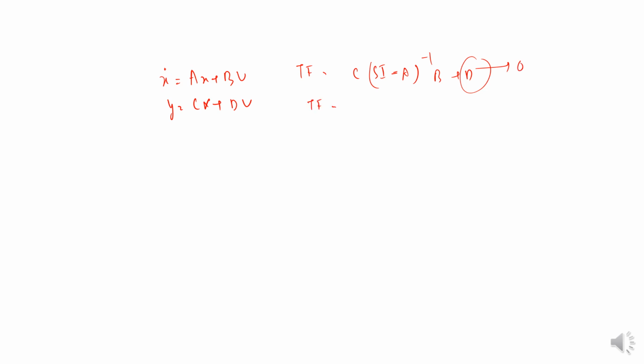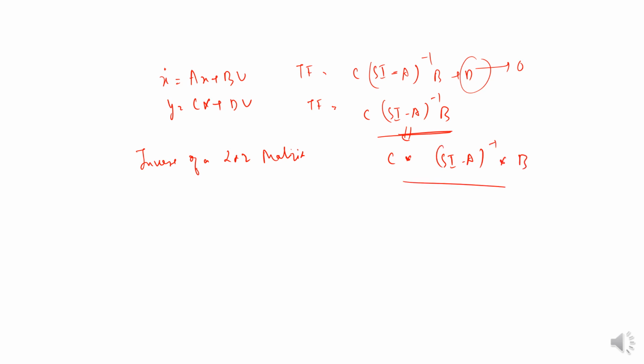So the transfer function formula is C into SI minus A whole inverse into B. To find the inverse, this is basically C cross SI minus A whole inverse into B. Very simple. These are all matrix multiplications.